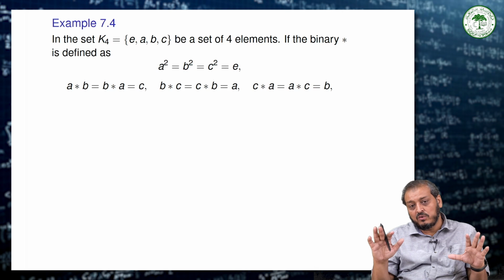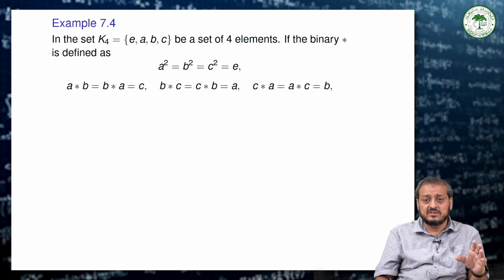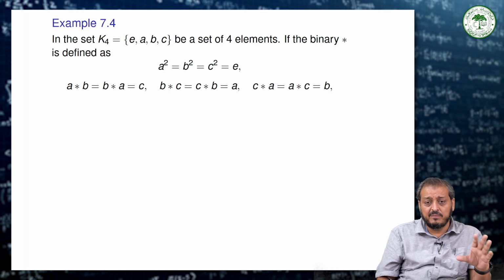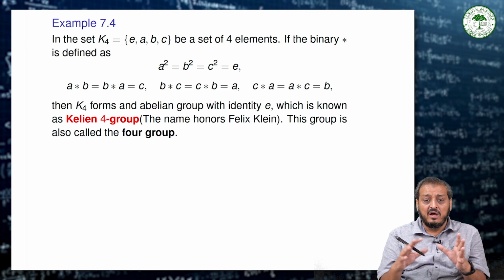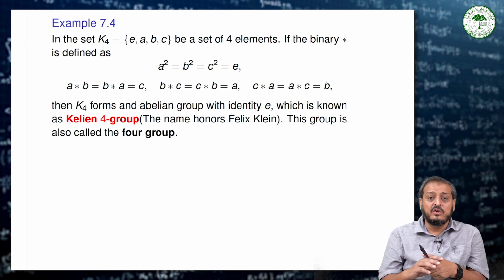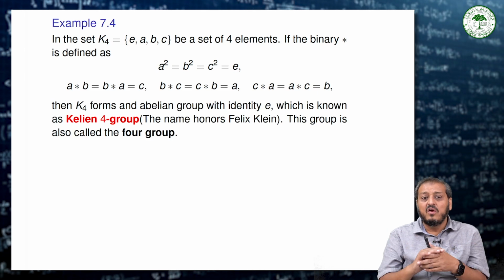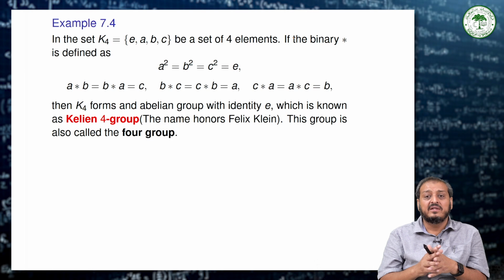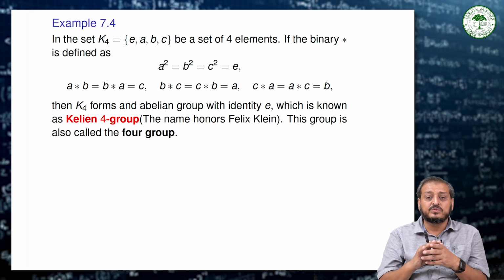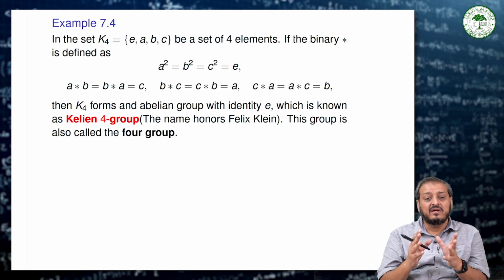So now we have to represent these elements in group tables, the Cayley tables. This K4 forms an abelian group, with the identity element we take as E, which is known as the Klein 4 group, and this name honors Felix Klein.